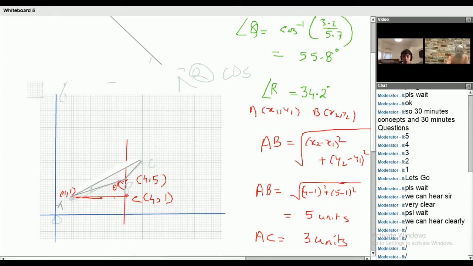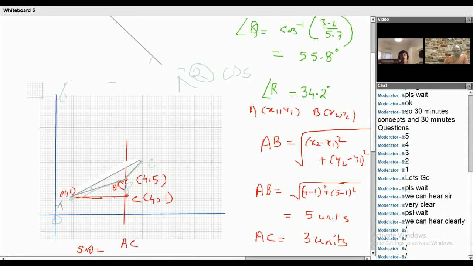Or sine, both. So let's use sine then. If we use sine, what are the ratios? Sine theta will be opposite over hypotenuse, AC over AB.